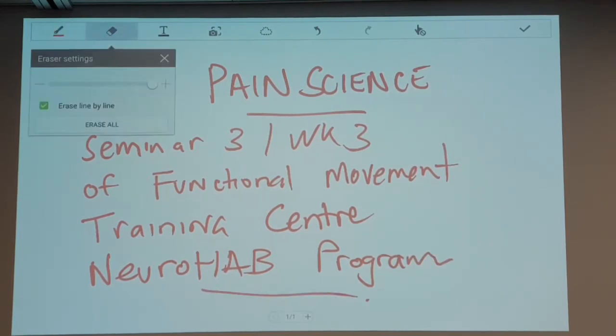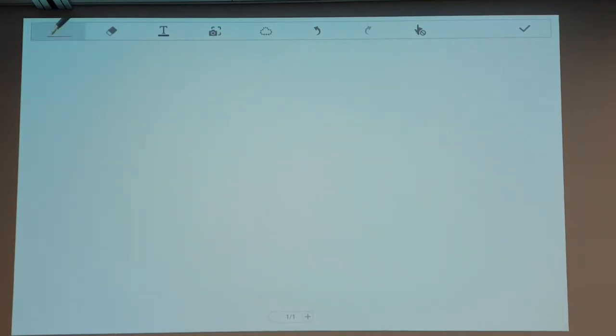So what can we say about how we want to break down the understanding of pain science? I think the first thing is to classify pain into 4 broad categories.